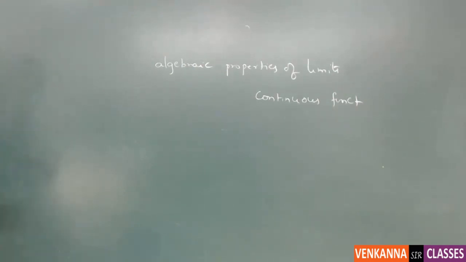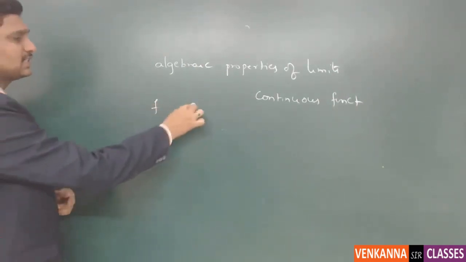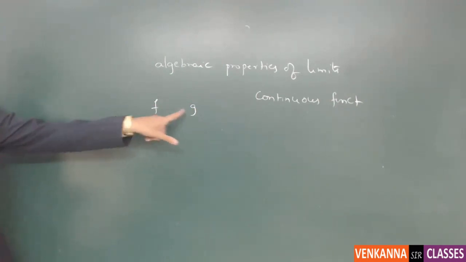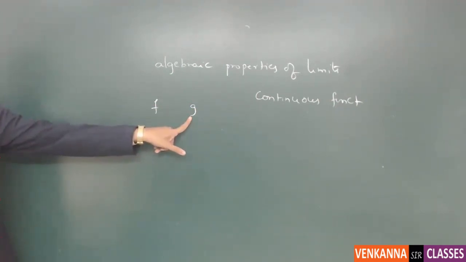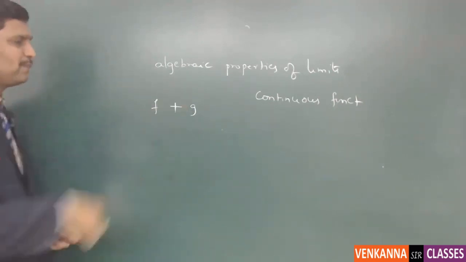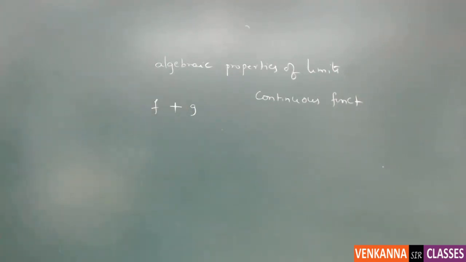So, if you take two functions, f and g, f is a continuous function, g is a continuous function, defined on the same interval, then f plus g is also continuous. So we have the algebra properties for addition, subtraction, multiplication, division, isn't it?